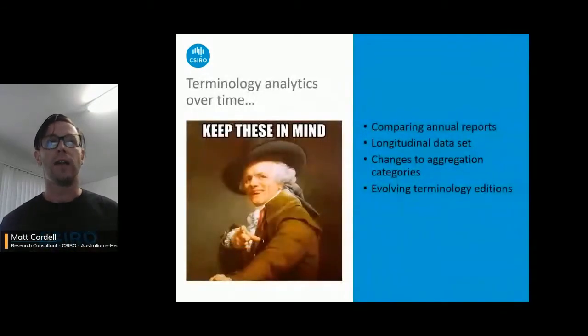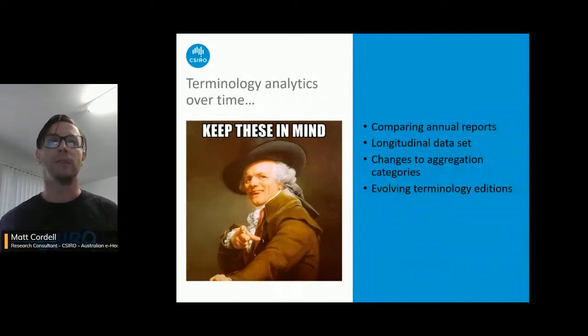So analytics over time, that's when it gets interesting. If you're doing the analytics on one set of data at one point in time, when you know the version that you're working with, that's fine. But one of the strengths of SNOMED is that it is an evolving terminology, and traditionally there have been at least 2 major releases every year, and that's moving forward to more frequent releases coming up.